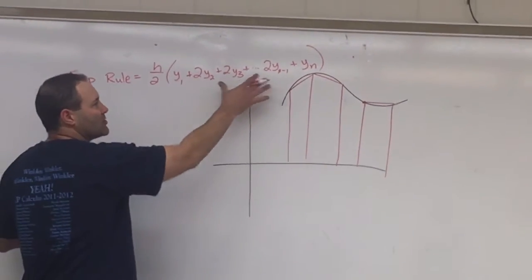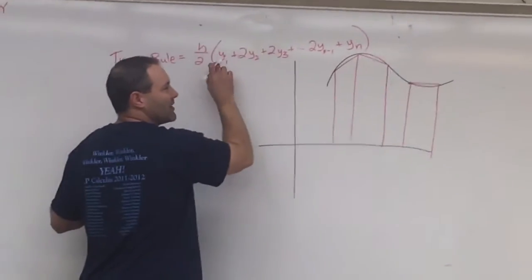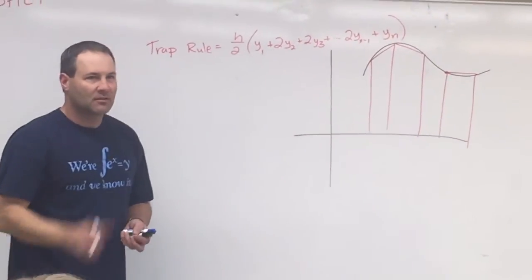These are all your y values. You double everything in the middle, except the endpoints you don't double.